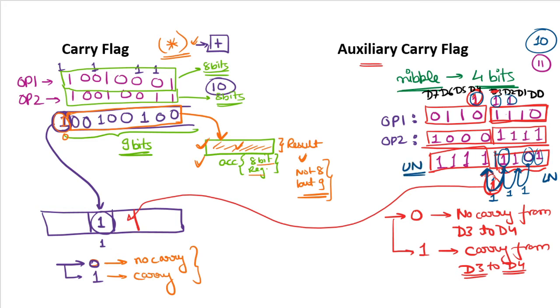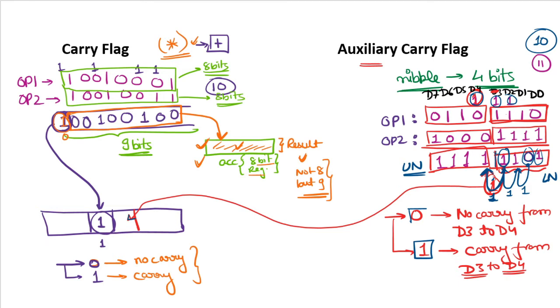And therefore, whenever this is the case, we make this flag as set. We make this flag 1. Set or reset, we can do the nomenclature accordingly, but we will put value 1 here.